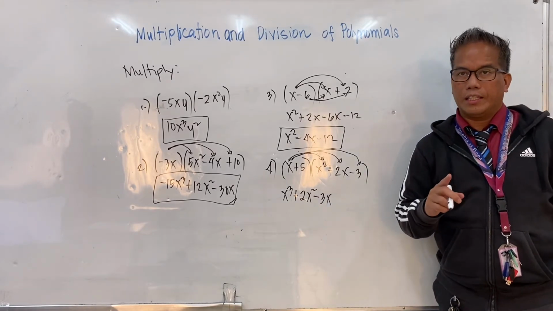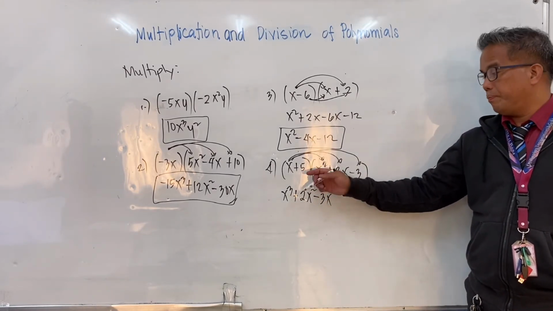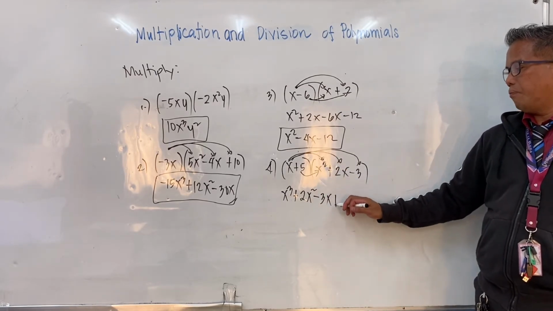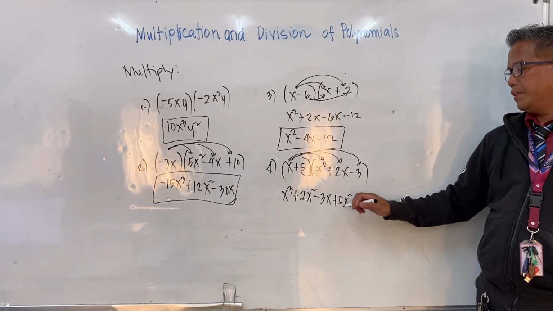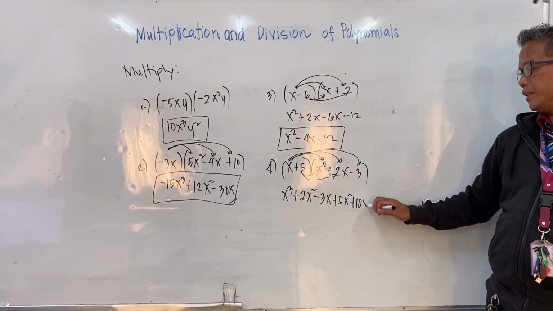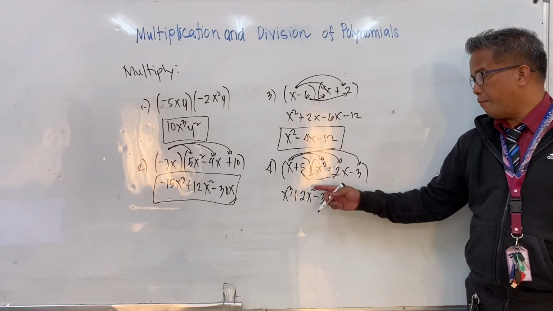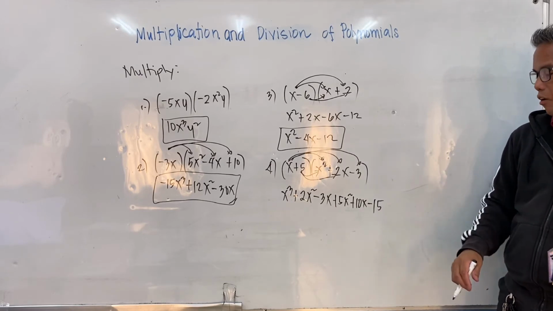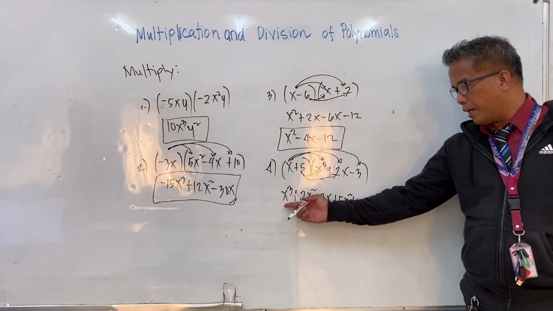Then after that, proceed to 5. 5 times x squared is equal to plus 5x squared. 5 times 2x equals 10x. And then 5 times negative 3 equals negative 15. Then combine similar terms. Look at x cubed.